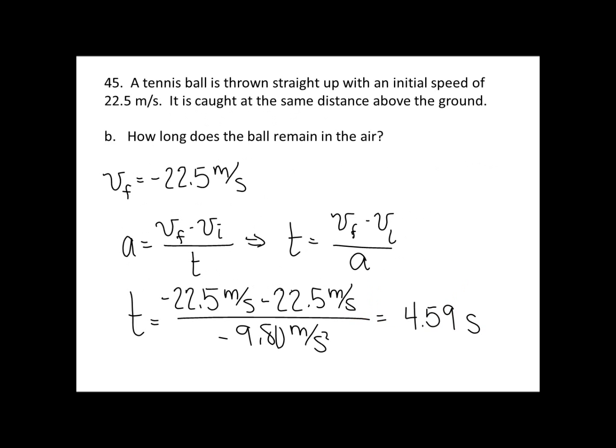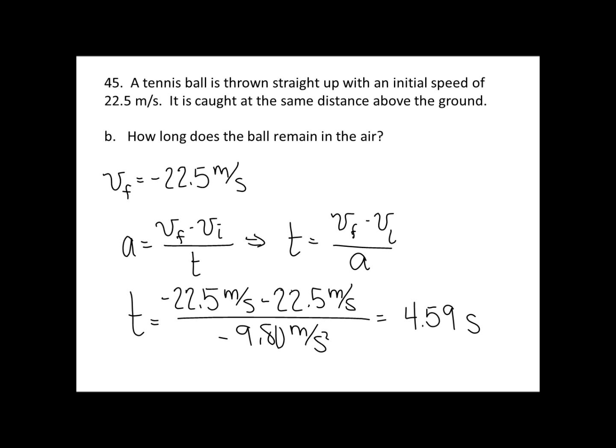Now, part B, how long does the ball remain in the air? You've got to make sure you're answering the right question here. The question is, how long does it take for the tennis ball to go all the way up and all the way back down? Not how long does it take to go up to that maximum height.